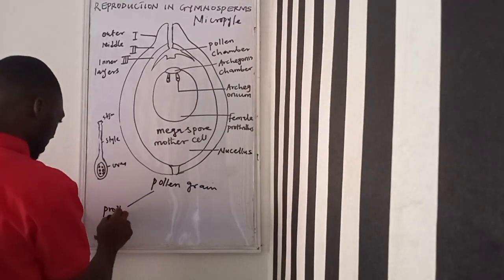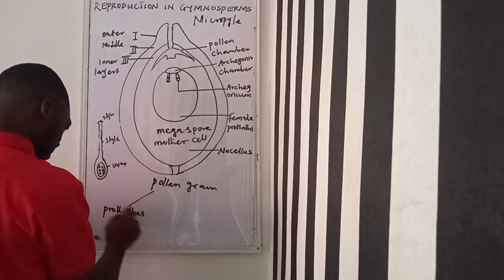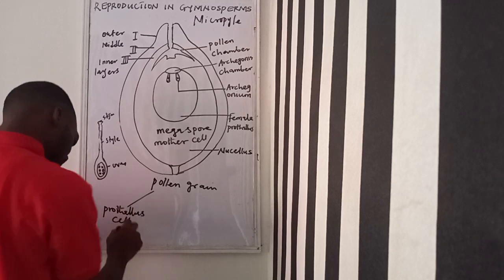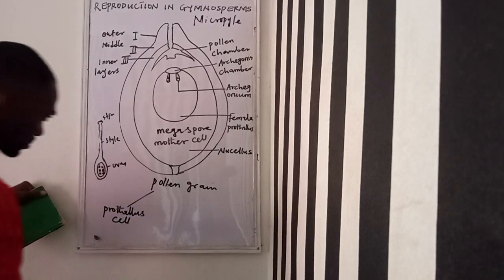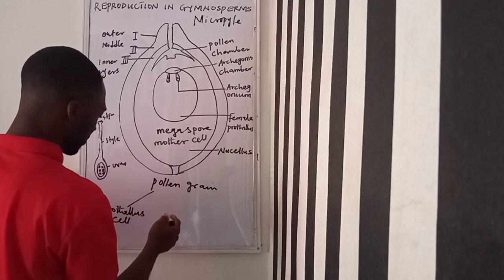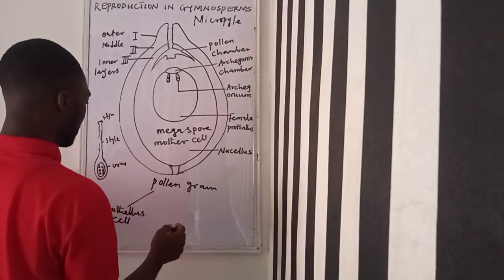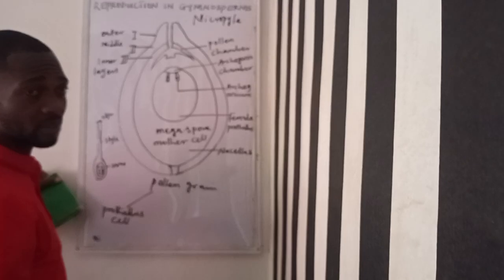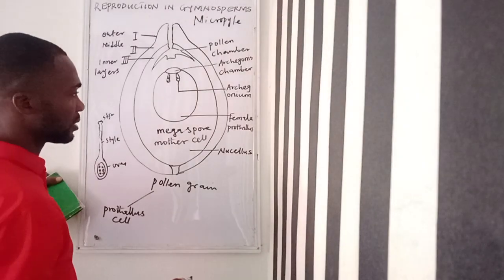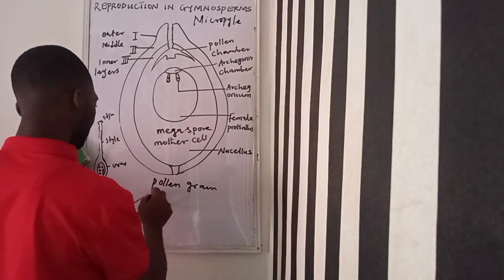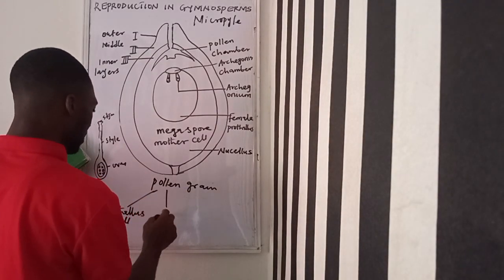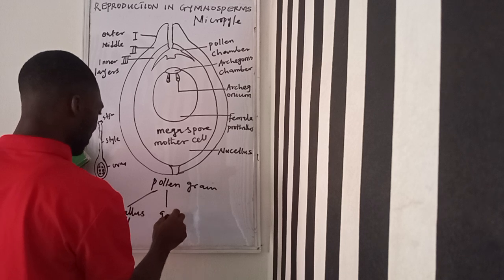The prothallus cell, and of course, this prothallus in question is the male prothallus, or the microprothallus, because micro is used for male. The male prothallus is also called the microgametophyte. Then this is the generative cell.